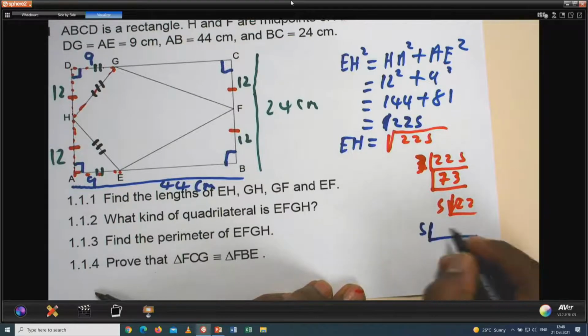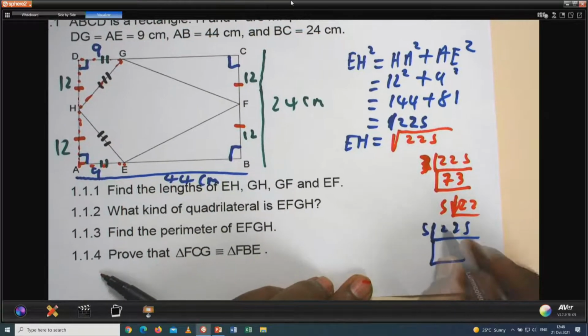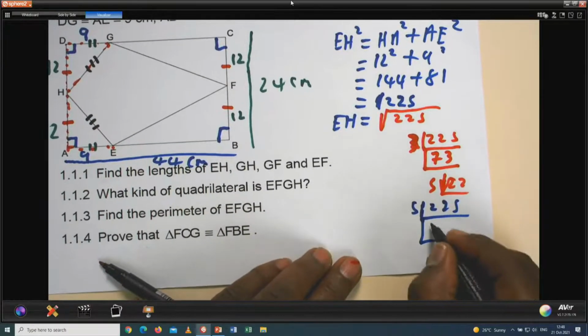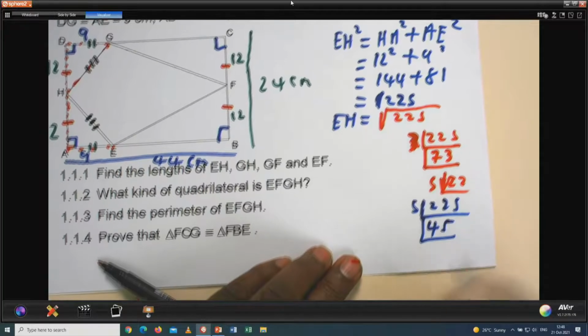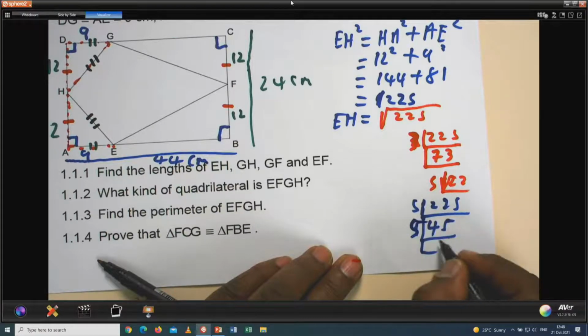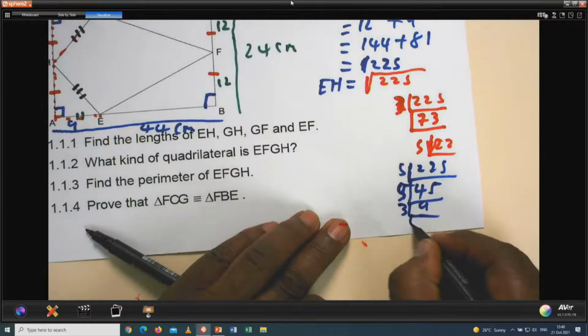How many 5s in 225? How many 5s here? 2 of them. How many 3s there? 3 of them.